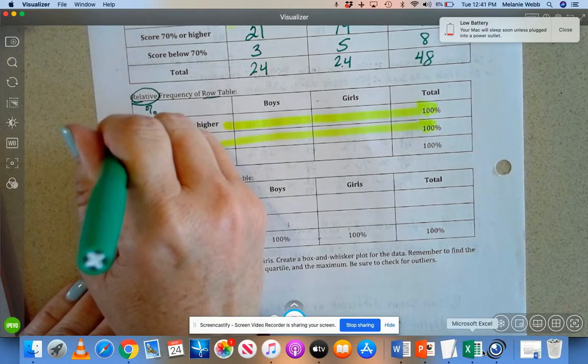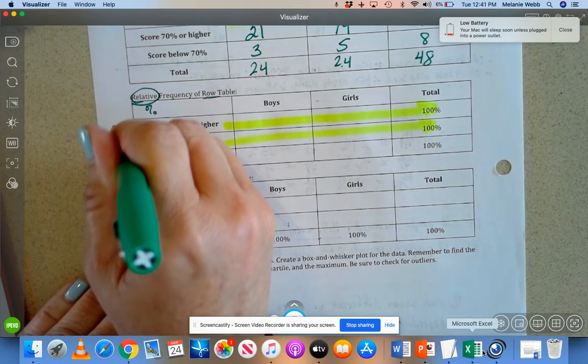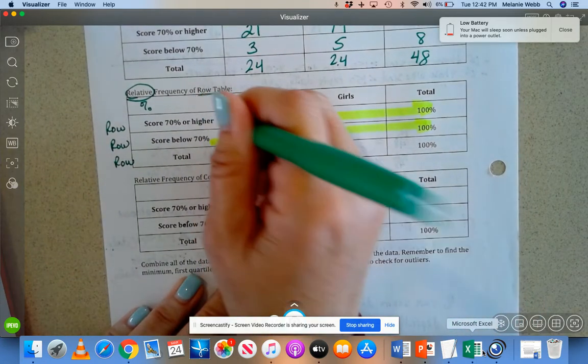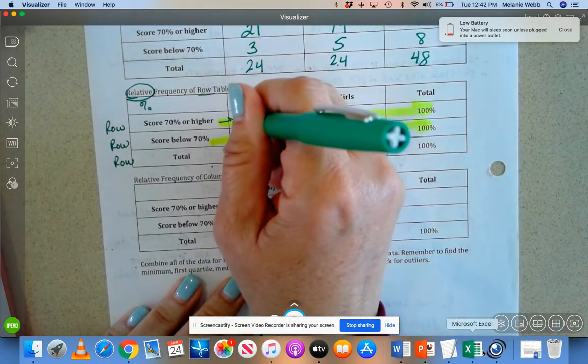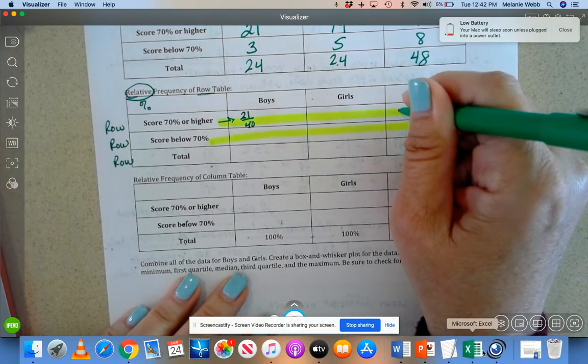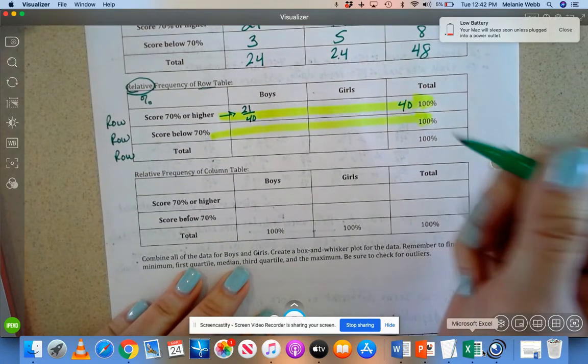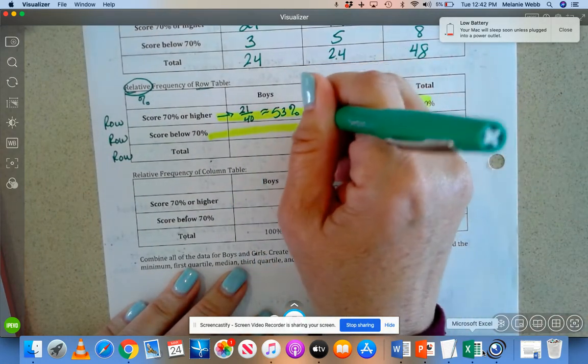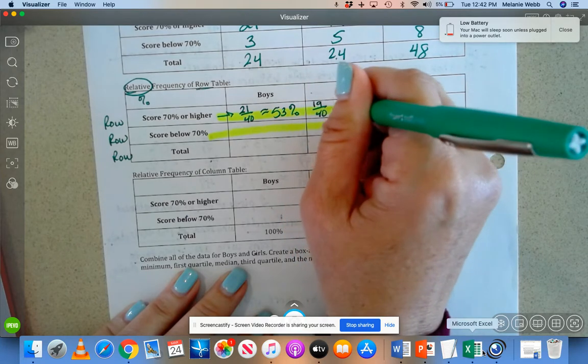Okay, so we know that 21 boys, 21 out of what? 21 out of 40, because remember 40 was over here. So 21 out of 40, about 53%. 19 out of 40, about 47%.